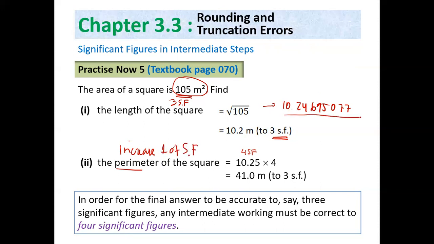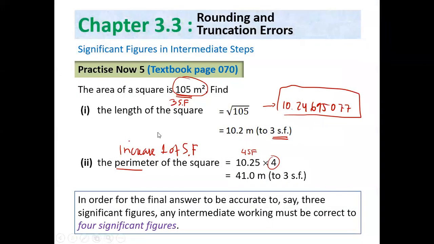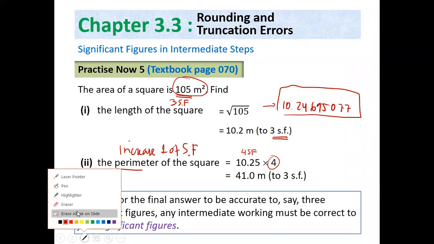So it's supposed to be this. Don't just multiply 10.2 times 4. Be careful. You have to put 10.25. Why? Because you have to increase one of the significant figures. See? Now, copy this, because there is no explanation about that in these slides.